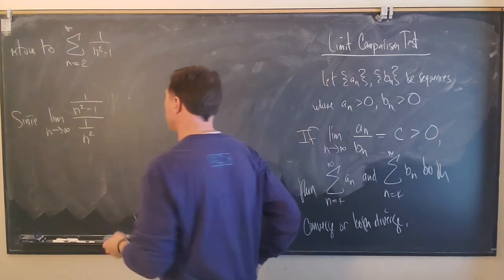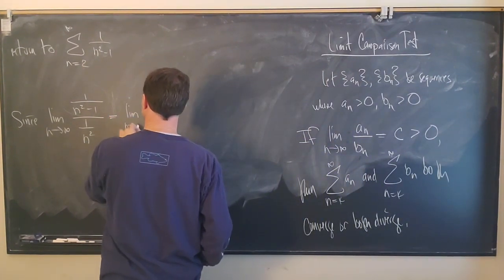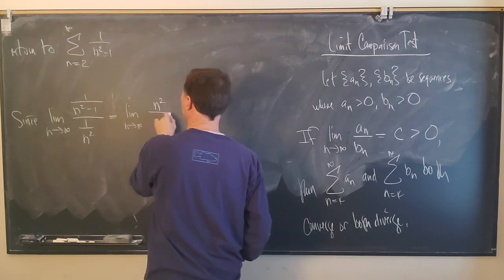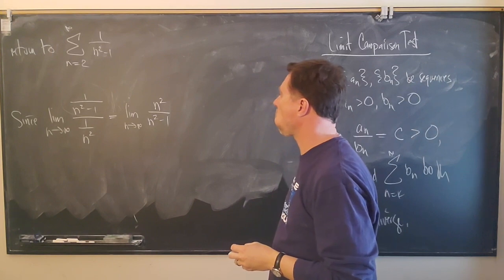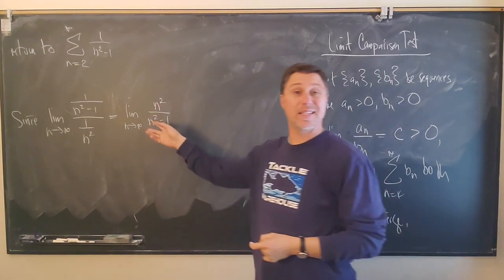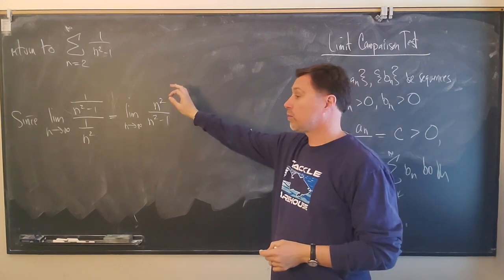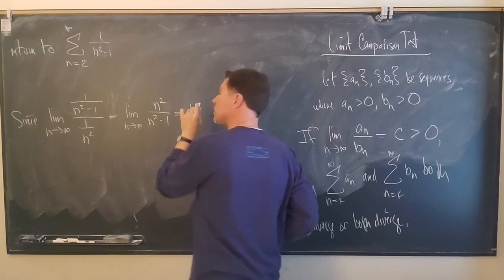And so let's compute this limit. This is the limit as n goes to infinity of n squared over n squared minus 1. This is polynomial over polynomial where the degrees match, so the limit is going to be the ratio of the leading coefficients. So that's 1 over 1, which is equal to 1.